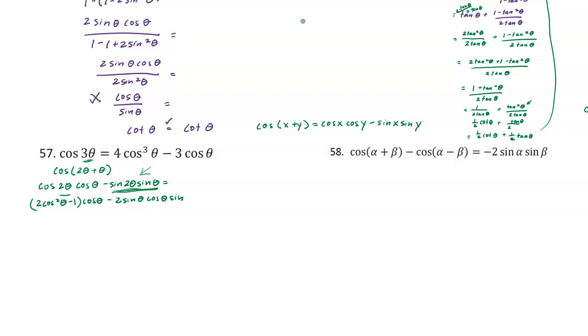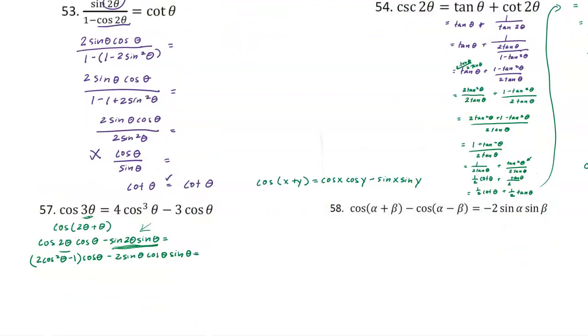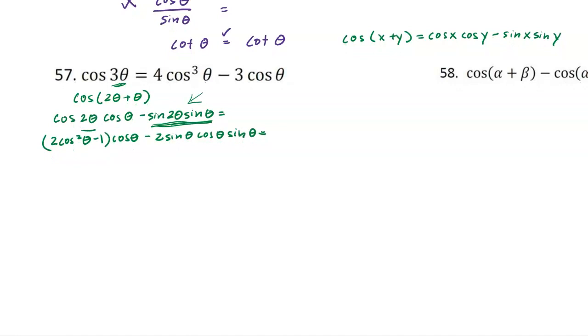There, you don't have a choice for the double angle for sine. There's only one right here. And then I'm going to distribute: 2 cosine cube theta minus cosine theta minus 2 sine theta cosine theta sine theta.